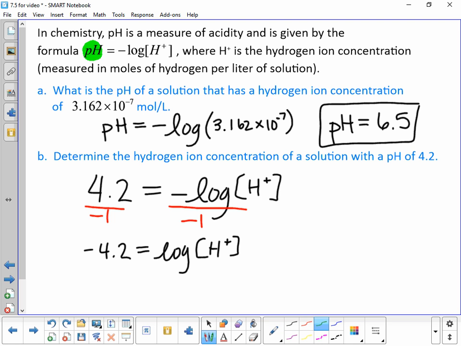Well, this is a base 10 log. Remember, when the base is not written, it's base 10. So if we rewrote it, 10 to the negative 4.2 power is equal to the hydrogen ion concentration. And that's what we're trying to find.